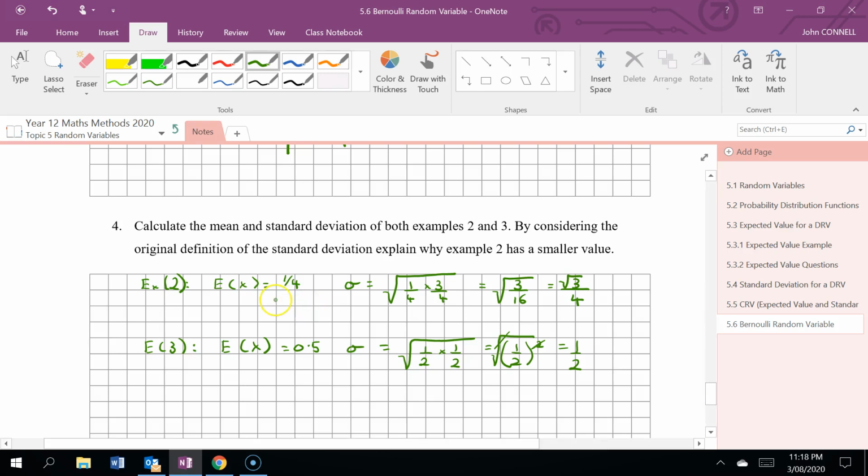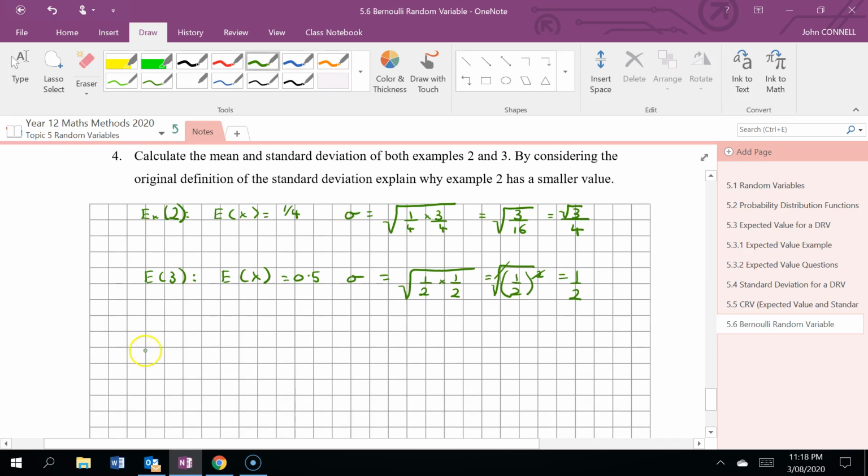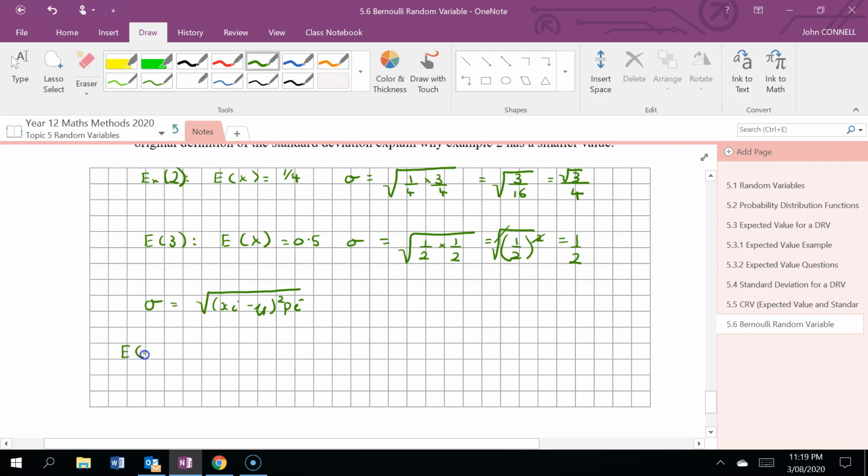So remember that our standard deviation definition says it's a square root of each value, take the mean squared, multiplied by the probability. So for example 2, we can say that the mean is closer to 0, the value with the greater probability.